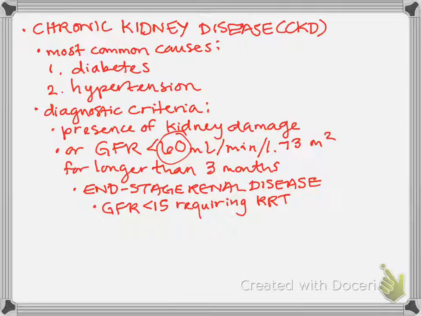So that would be comprised of dialysis or transplant. Transplant really only occurs in 4% of patients with end-stage renal disease due to the lack of donors and the qualifications for kidney transplant. A lot of the clinical manifestations with chronic kidney disease are a result of the retained nitrogenous byproducts of metabolism, electrolytes, and water.